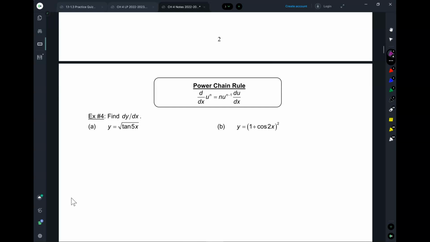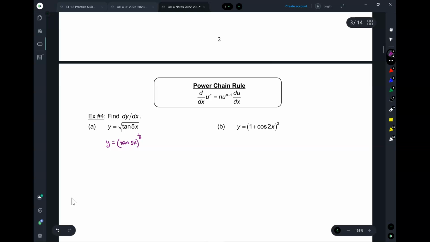Very quickly, we learn that it's best to get in the habit of rewriting this. I'm not doing any calculus yet, just using algebra to rewrite the square root as an exponent to the power of a half. So this is tangent 5x to the power of 1/2.